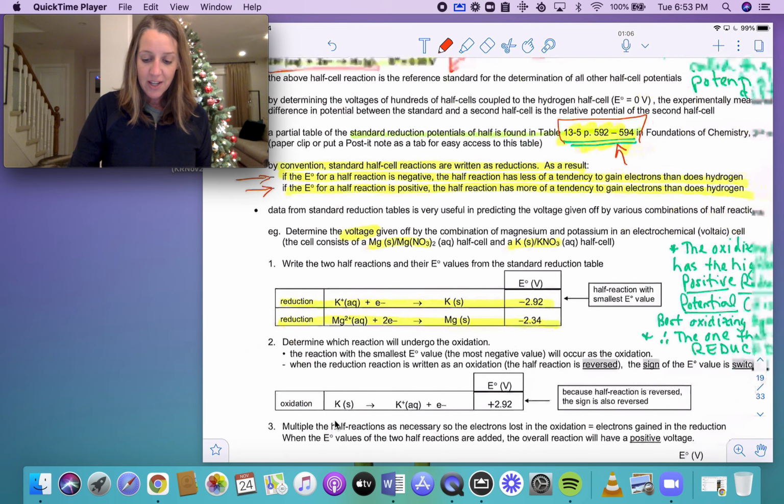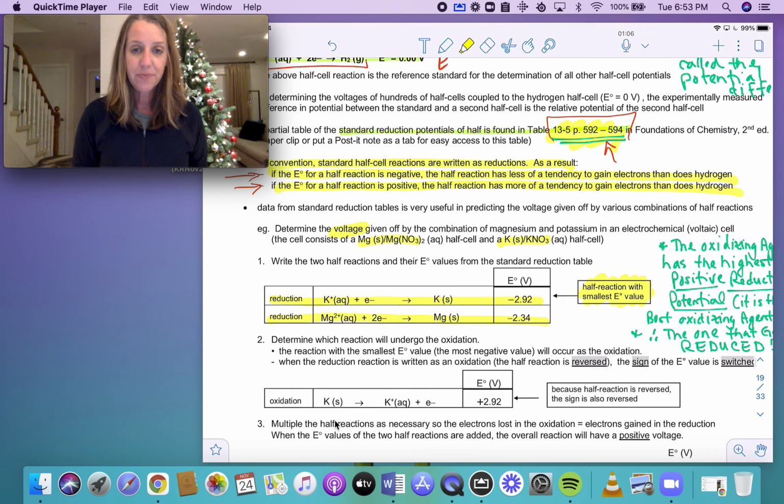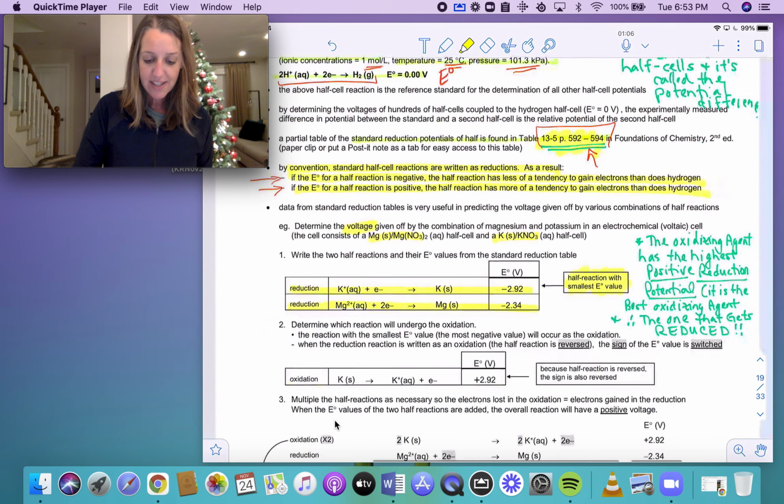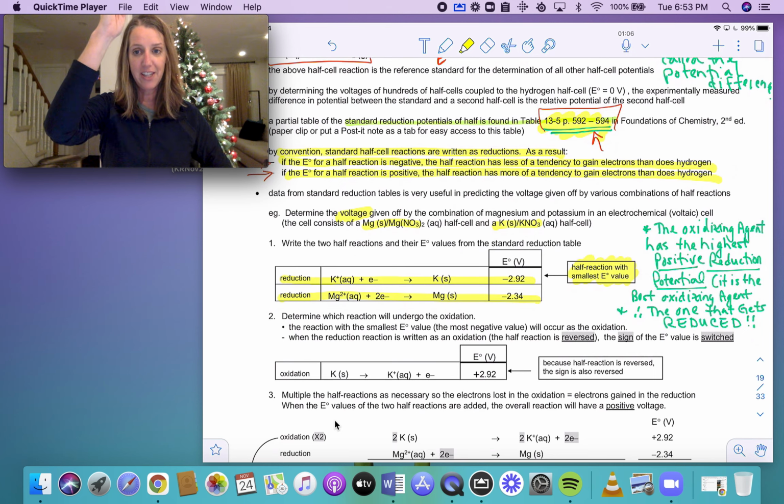The half reaction with the greatest positive E0 value: think of the scale tilted up and down, your integer scale, 0 here, positive values, negative values.